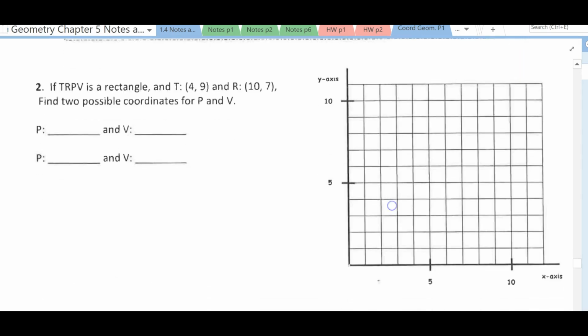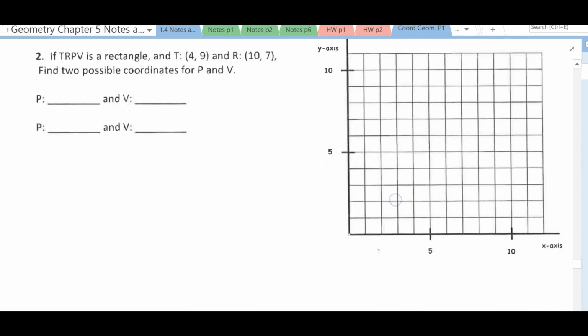We've got TRPV is a rectangle, and point T is (4, 9) and point R is (10, 7). We want to find two possible coordinates for P and V. Again, we'll find the first pair together, and then you'll find another pair on your own, and you can double check with me or the other teacher in class, or your own teacher, to make sure that you did it right.